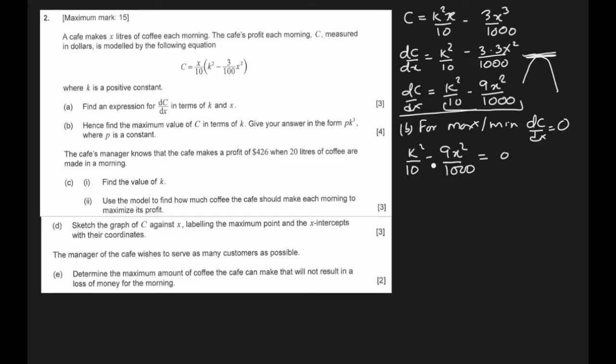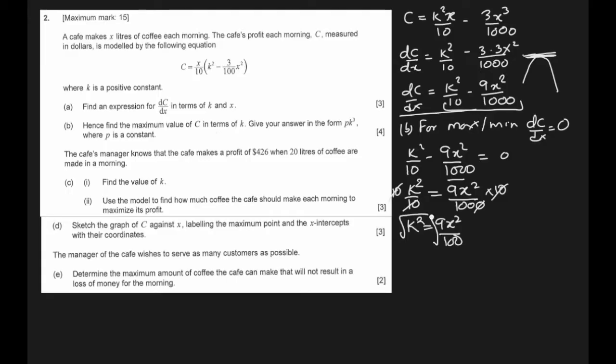All right, so let me take this -1 to the right side. k square over 10 equal to 9x square over 1000. Let's get rid of this 10 by multiplying by 10 on both sides, so that this 0 also gets cancelled. So k square equal to 9x square over 100.